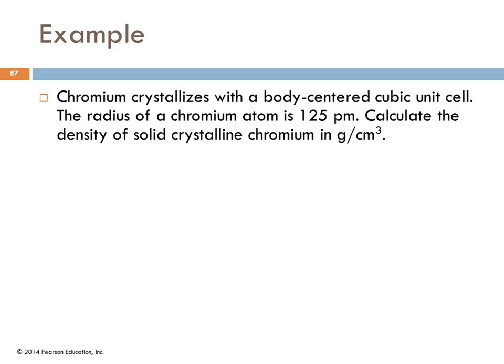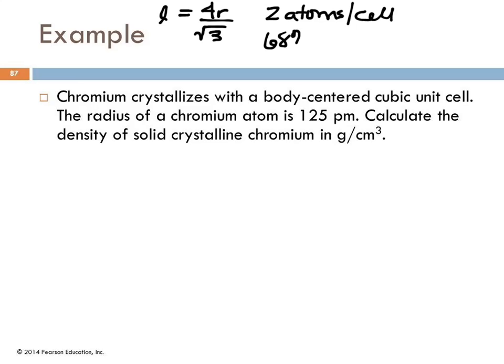So let's think about this. I'm going to write those things down at the top here. So L, white on white, it's kind of hard to see. L is equal to 4 times the radius over the square root of 3. There are 2 atoms per cell. And the packing efficiency is 68%.